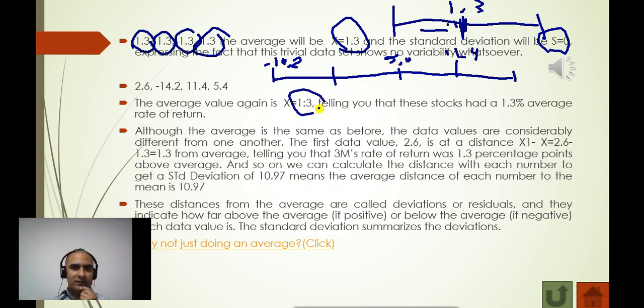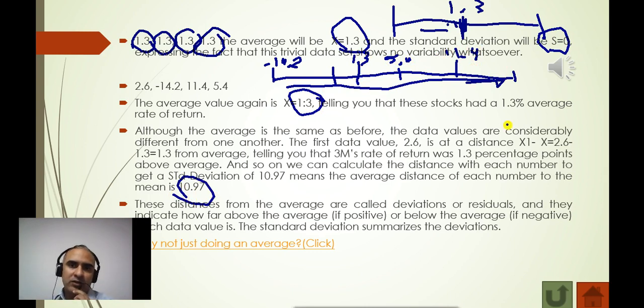What is the average? The average is still 1.3. The problem is that the numbers are way too far. So the standard deviation here is 10.97. That means on average all the numbers are about 10 units away from the 1.3.